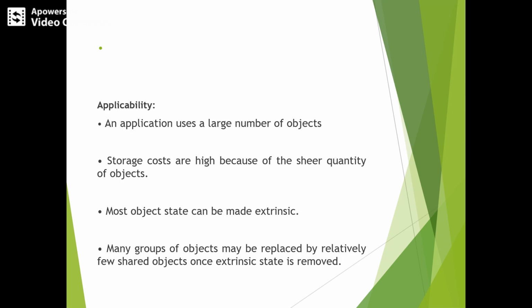For example, in library management or any compiler subsystem, if you are removing the generated tokens, bytecode, or stream code in node streams, it depends on being replaced by relatively few shared objects once the extrinsic state is removed, because that state is non-shareable, so it should always be replaced by shared objects. That is also one of the points we need.